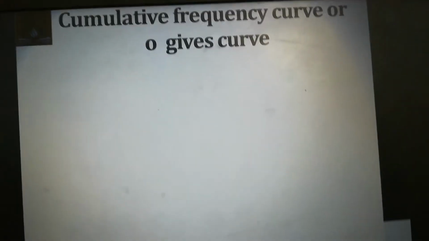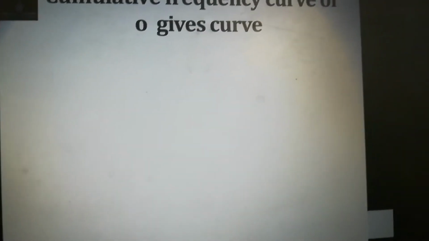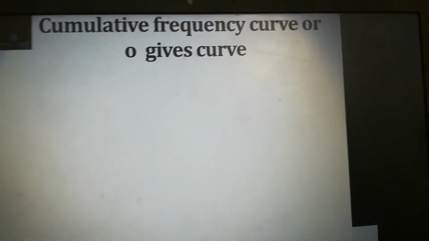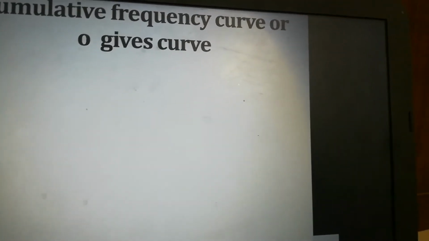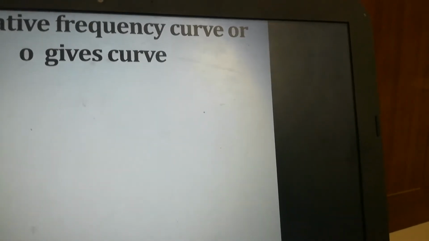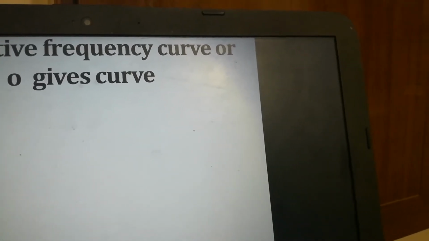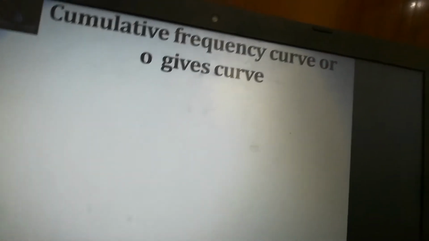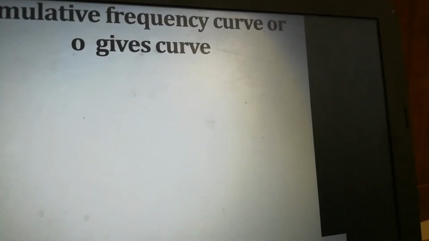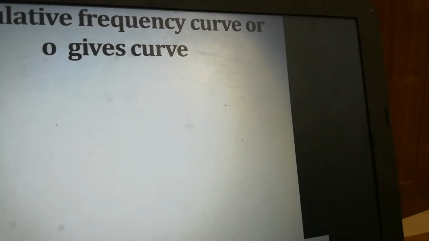Next graph is the ogives. What do you mean by ogives? It is otherwise known as the cumulative frequency curve. There are two types of cumulative frequency curves: one is the less than ogive, the other is the greater than ogive.